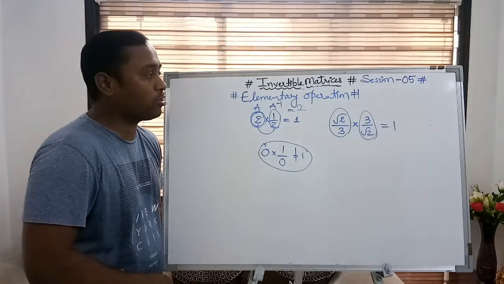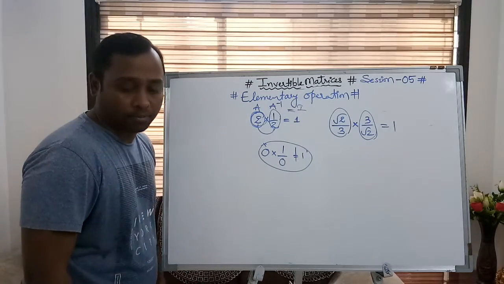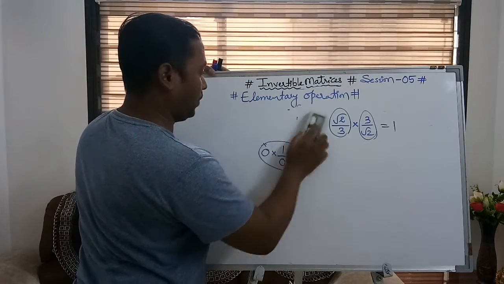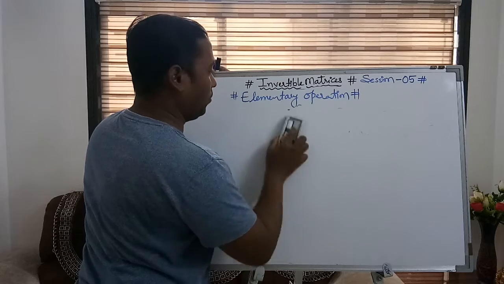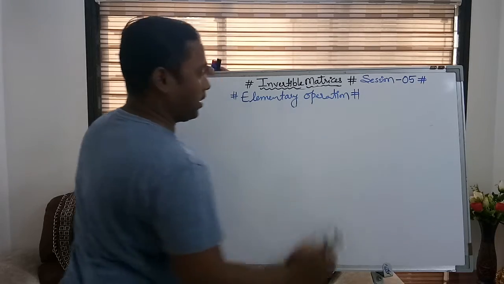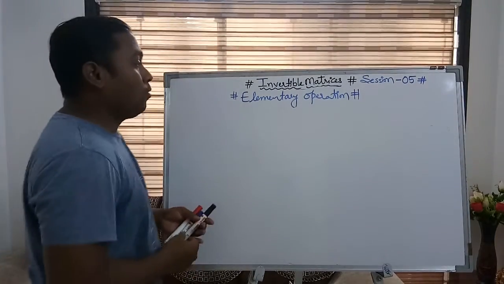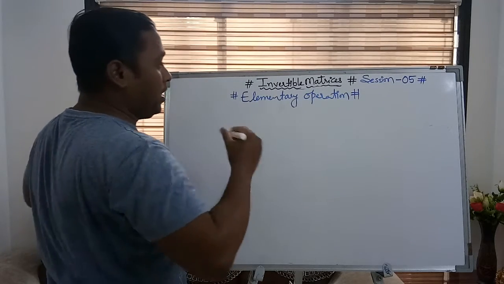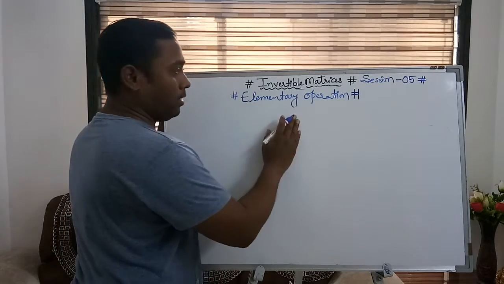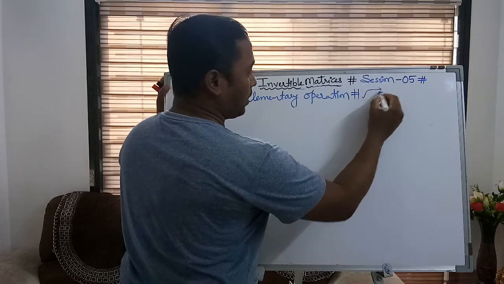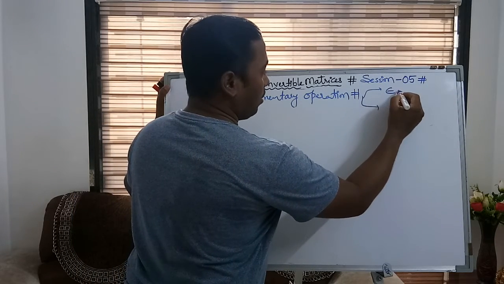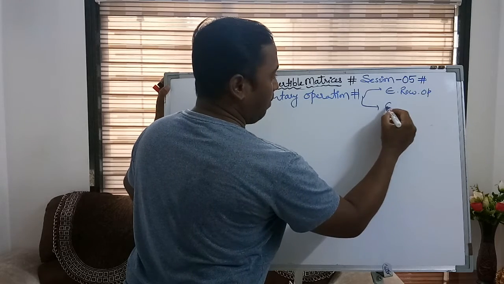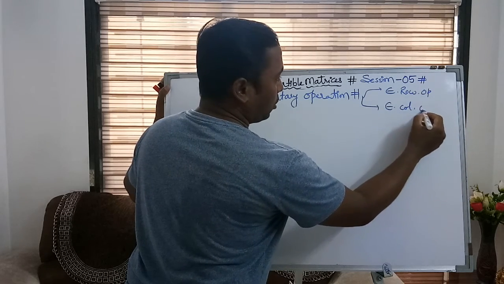Now let's try to understand elementary operation. What is this elementary operation? How will we move with it? To apply this method, we have two options: elementary row operation or elementary column operation.